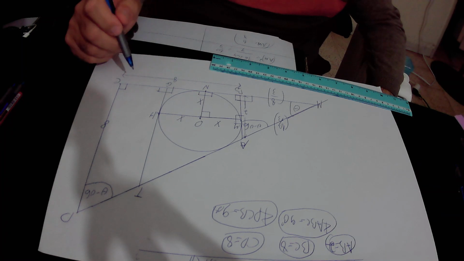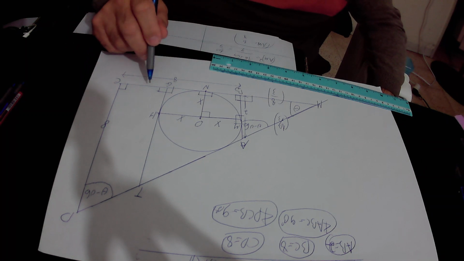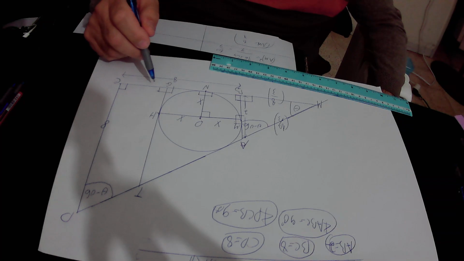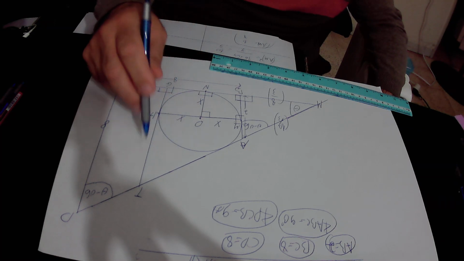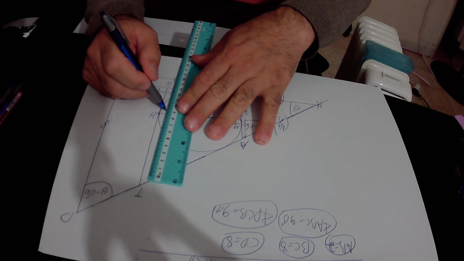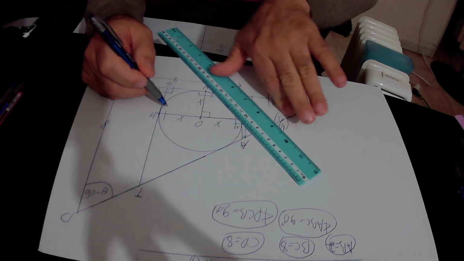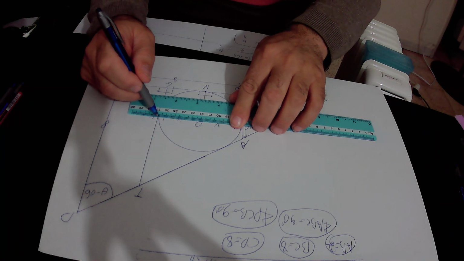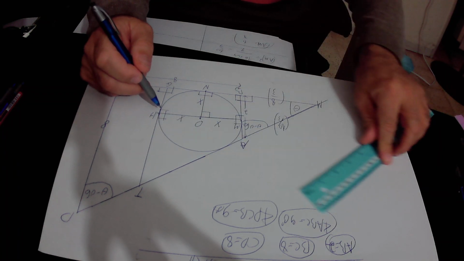Therefore, whenever you have a radius that is drawn to the point of tangency, then tangent TG will be perpendicular to the radius HO. So if TG is perpendicular to HO, again this angle equals 90 degrees, and this angle equals 90 degrees according to rule number 1.